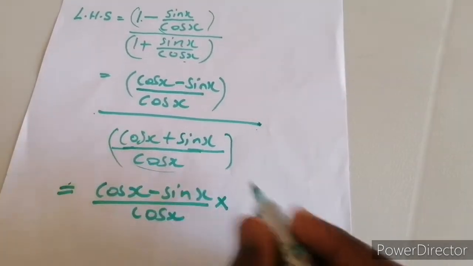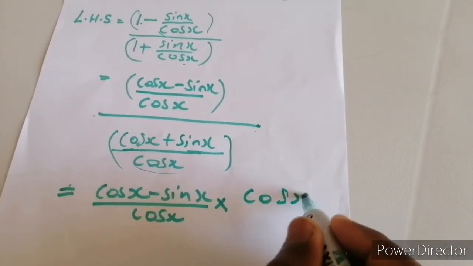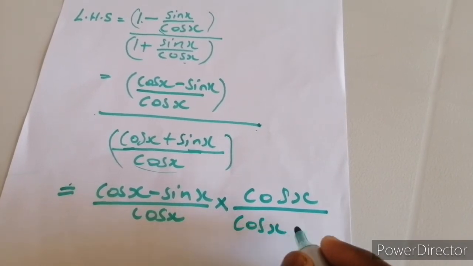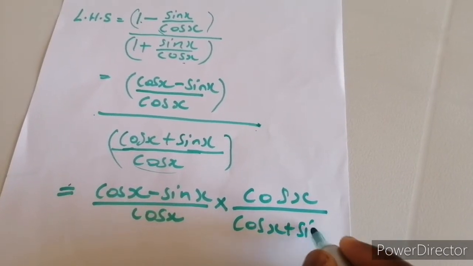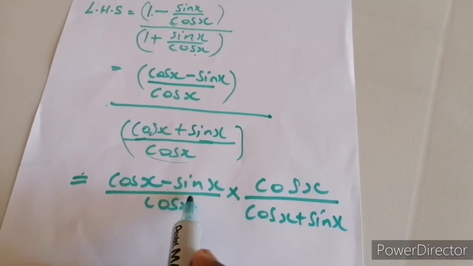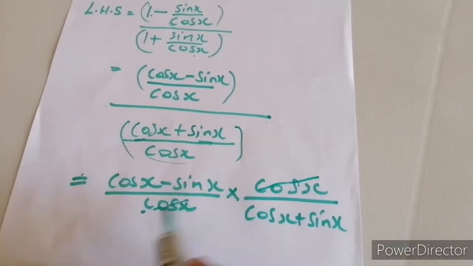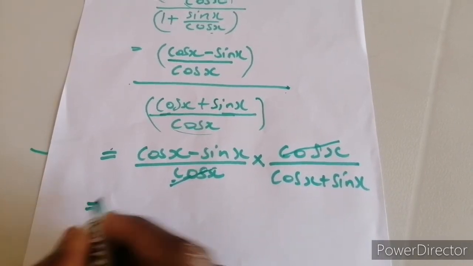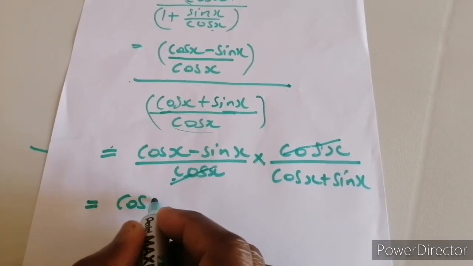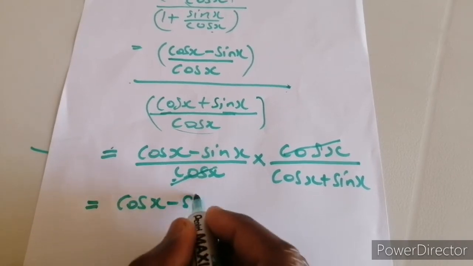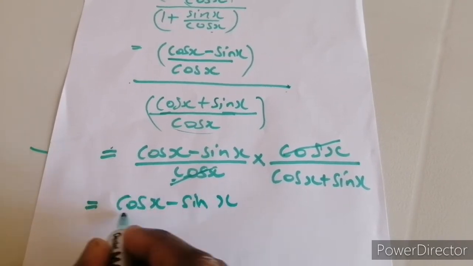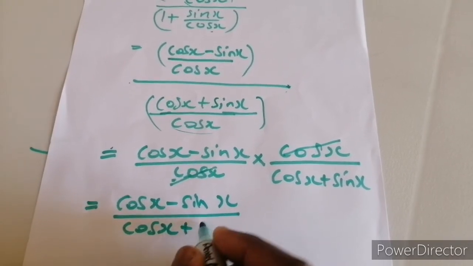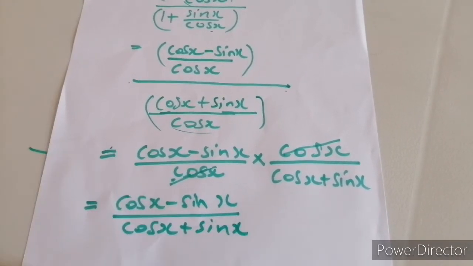This will lead this one into cos x divided by cos x plus the sine of x. Now we are allowed to divide. We can divide these two. Equal to cos x minus the sine of x, all divided by the cos of x plus the sine of x.